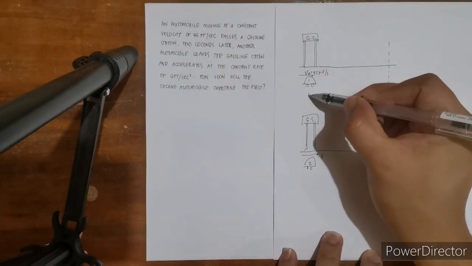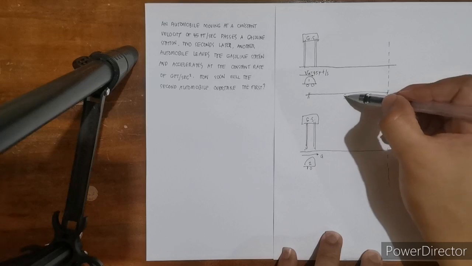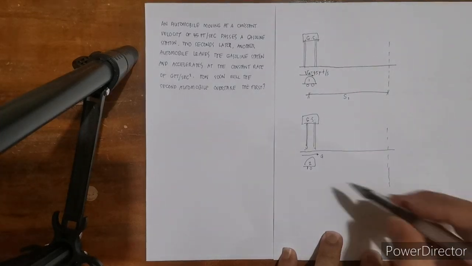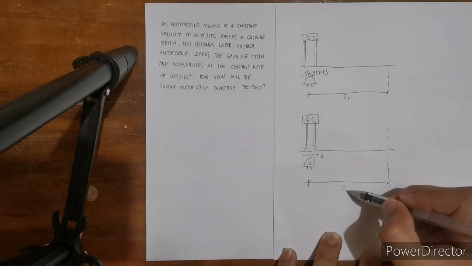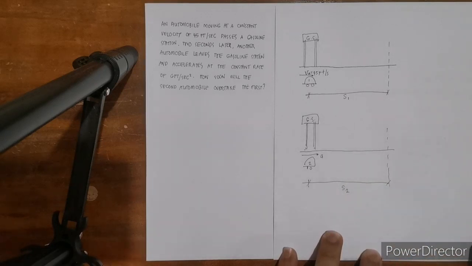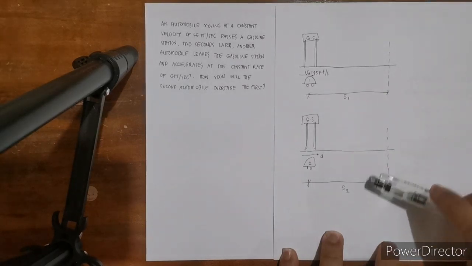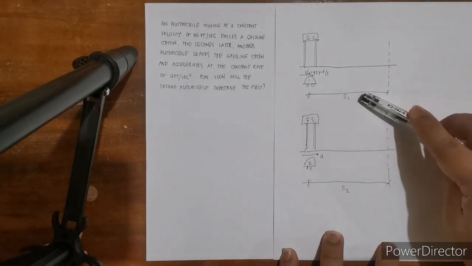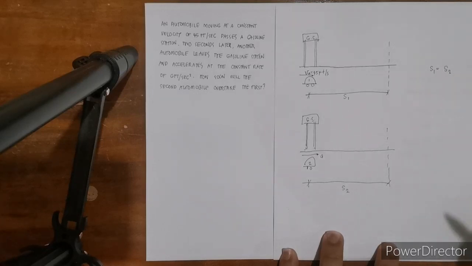So the distance traveled of first automobile will be that distance. And then, this is the distance traveled of the second automobile. So we can see here in our figure that the distance traveled of first automobile will be equivalent to the distance traveled of second automobile.